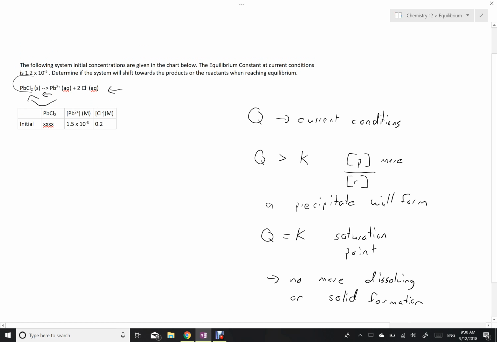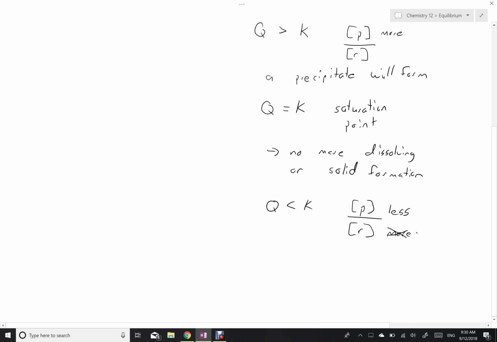So we have less of these, which means in this case, the reaction would try to go this way, and we are in the unsaturated situation. Which means if there is a solid, more solid can dissolve. It also means that there will be no precipitate formed.